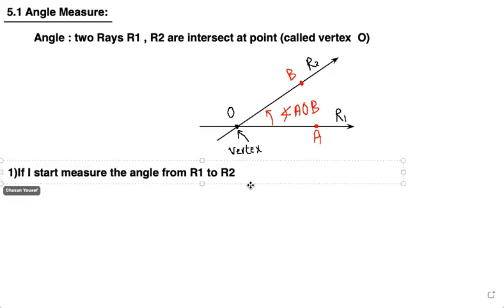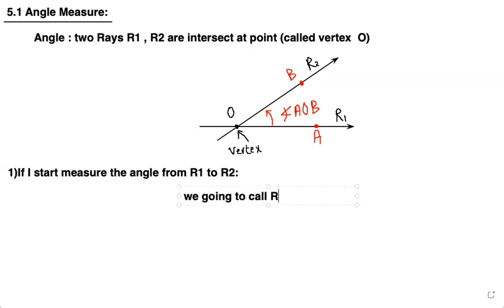Second, we're going to call R1 the initial side, and we call R2 the terminal side.